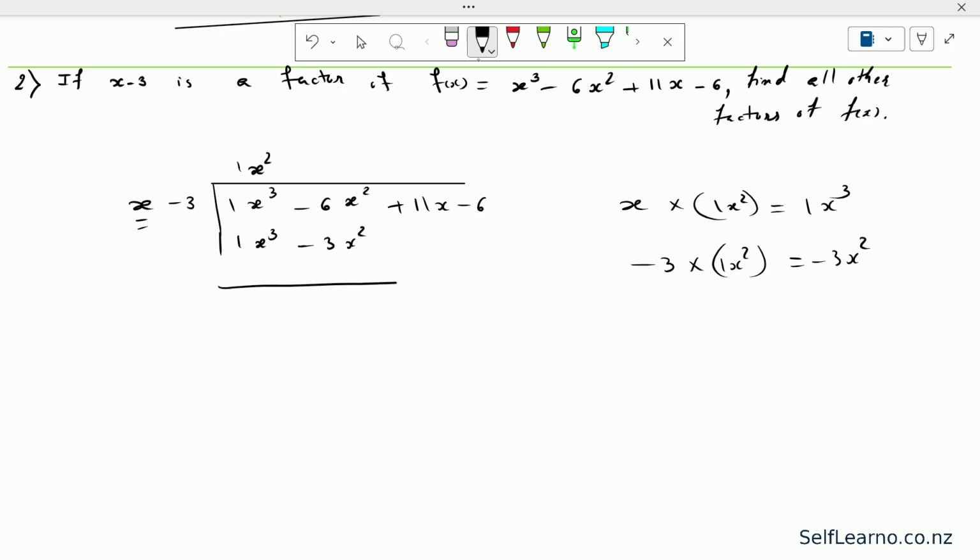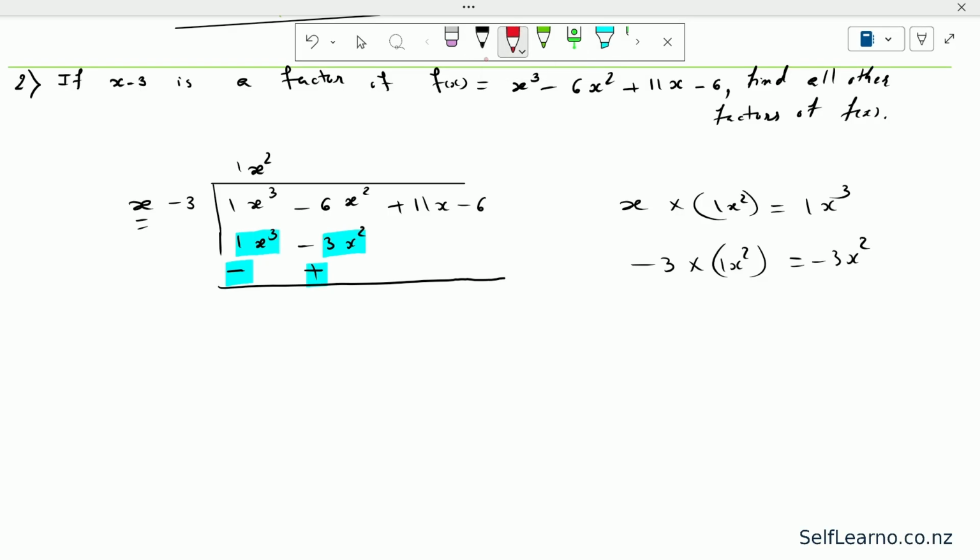Now let us subtract the lower one from the upper one. So in short, I am changing the sign of these terms. Now we should consider these signs. I should consider that I have plus 3x square here and negative 1x cube over here.